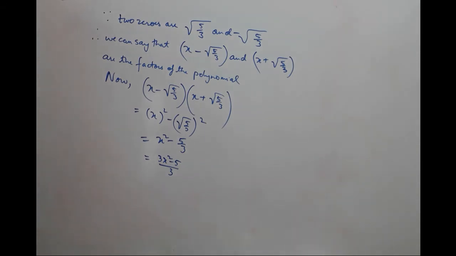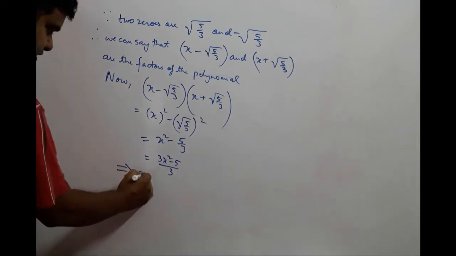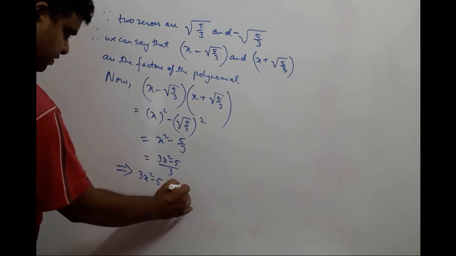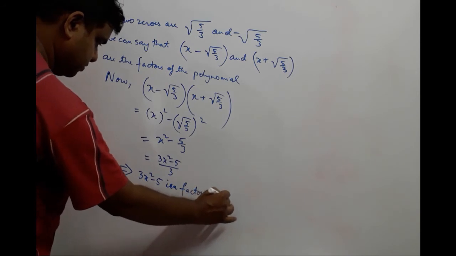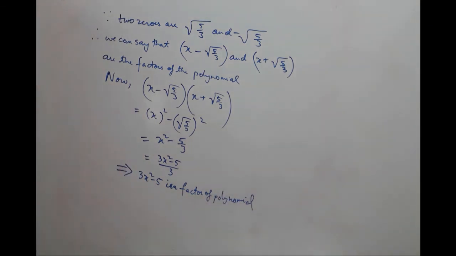Now in this case, if you notice, 3x square minus 5 becomes a factor of the given polynomial. So therefore we can say this implies that 3x square minus 5 is a factor of the polynomial.